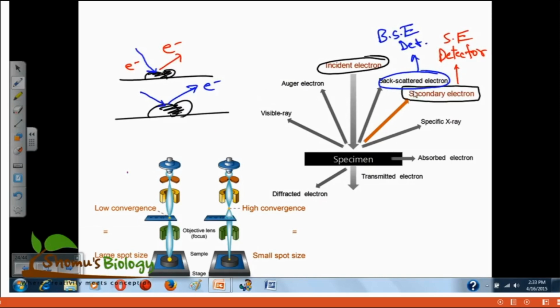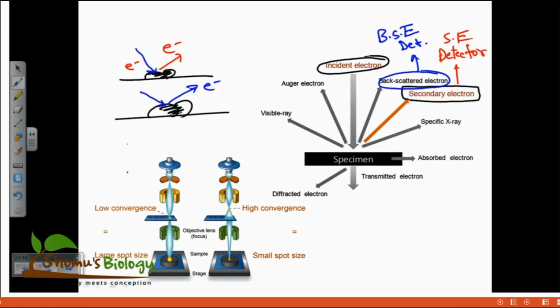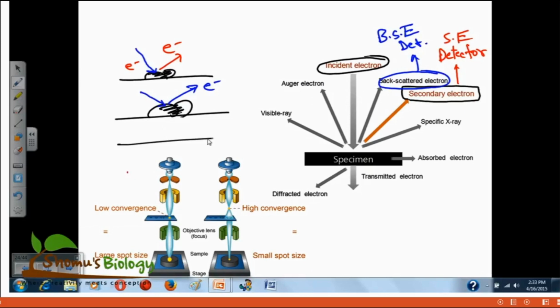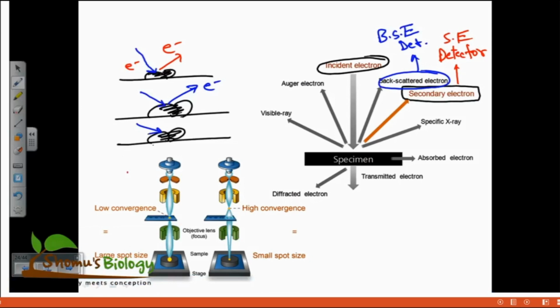Also some amount of electrons are absorbed. Some regions of the specimen simply absorb the electron, so no electrons are coming out, and that absorption can give rise to specific X-ray radiation.